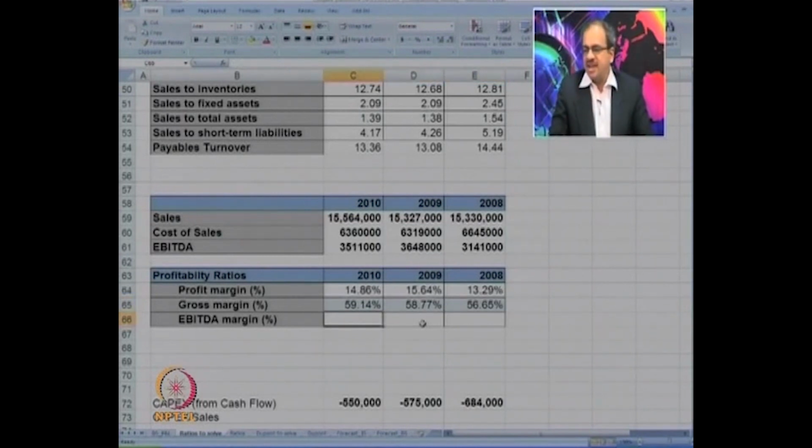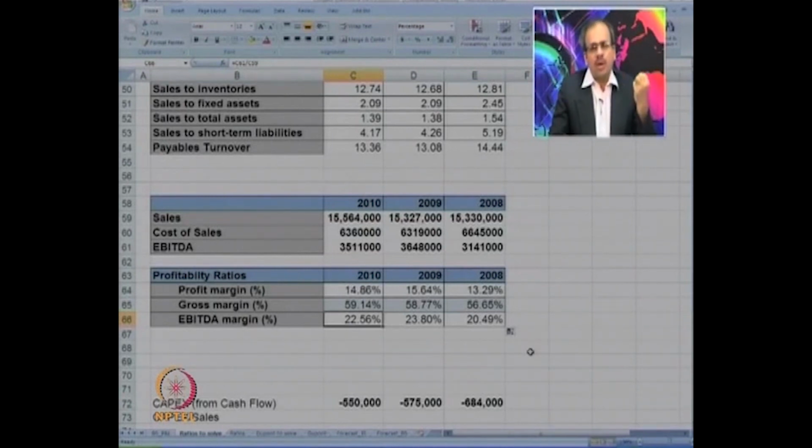Now, look at EBITDA margin. So, we will divide EBITDA by sales. This also shows almost a similar trend. EBITDA, which was about 20%, has slightly increased to 23.8, and now it has remained high at 22.56. So, the company is able to somewhat increase its EBITDA margin.